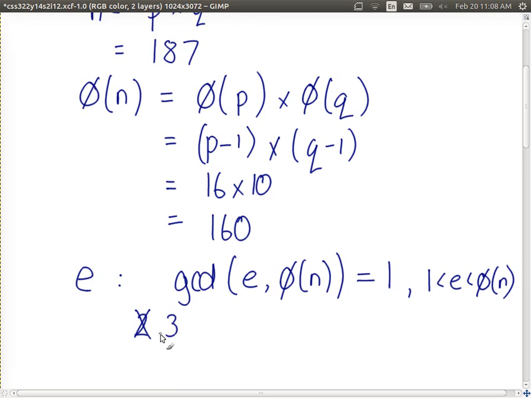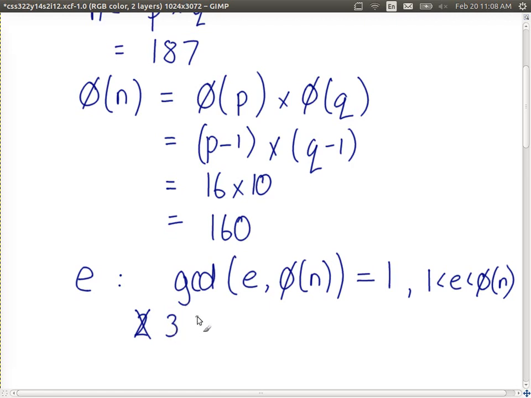I see yeses and nos. Check. Three is a prime number. Can 160 be divided by that prime number? No, so that means that the greatest common divisor is 1. So yes, this one's okay. This could be the value of e.